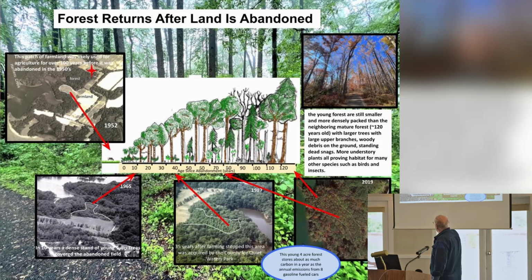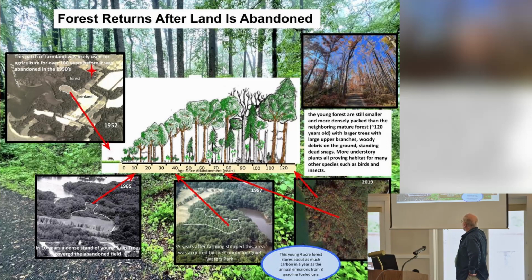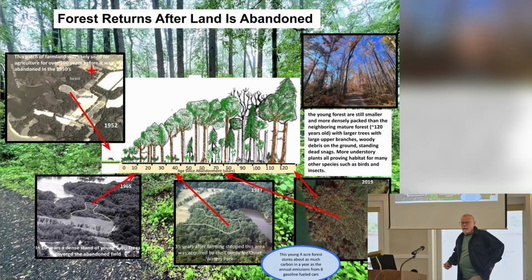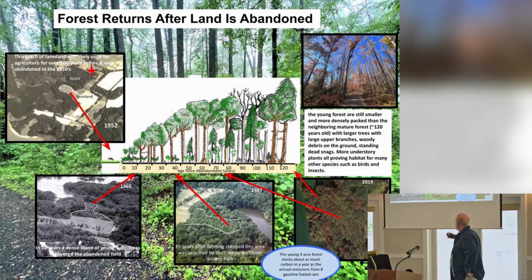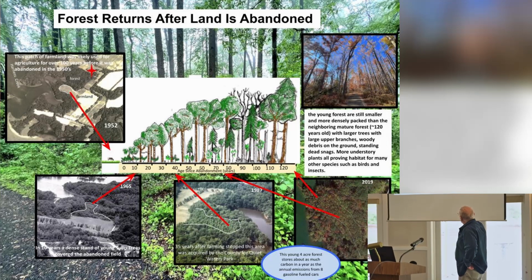Well, in just about 10 years, this is the same section. You can see it's a dense stand of tulip poplars. They're already probably 20 to 30 feet high, just dense. Then, 35 years later, when the county acquired the land to make a park, you can see it's all completely forested. The forests look a little different than the old forests.